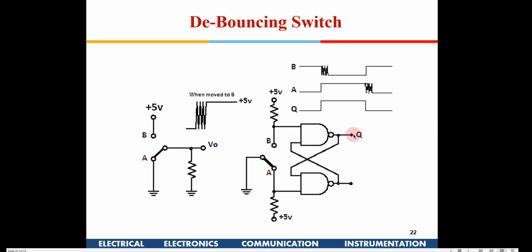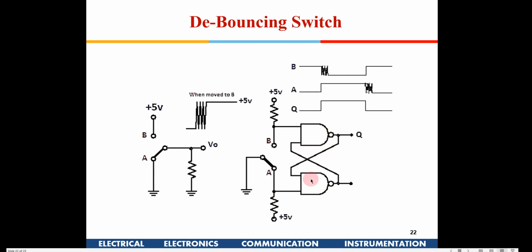So this is known as a debouncing switch, because once you throw it to B, it will go touch B, come out a little bit, it will not come back to A, it will go and touch B, move out of B, again go and touch B 2-3 times, it will make the contacts, but that will not get reflected as spikes in the output. So whenever you are designing practical circuits with switches, if it is a critical application, like if you are giving this input to a microprocessor, then you might want to use a debouncing switch like this.